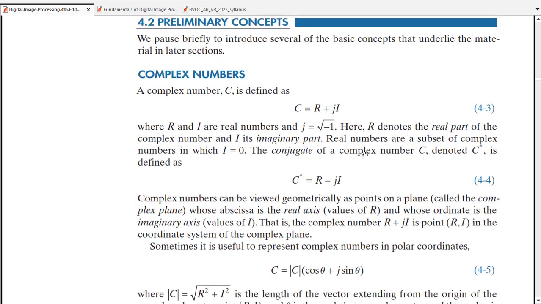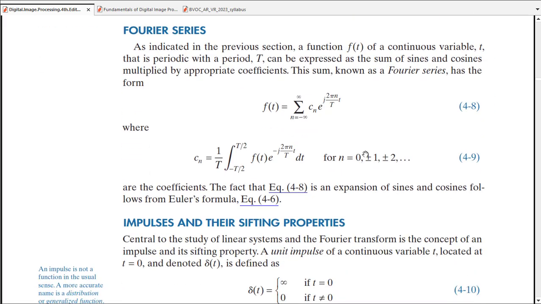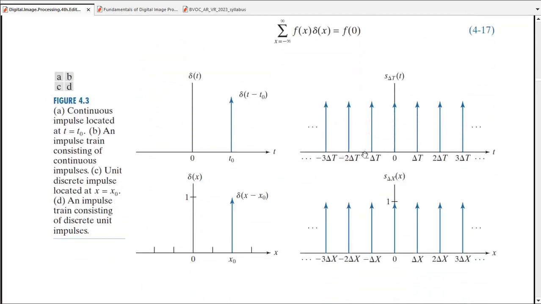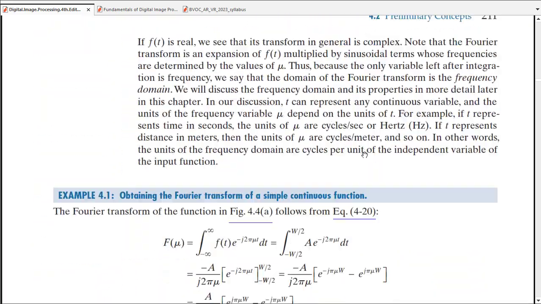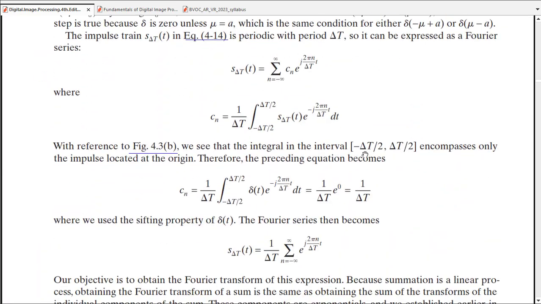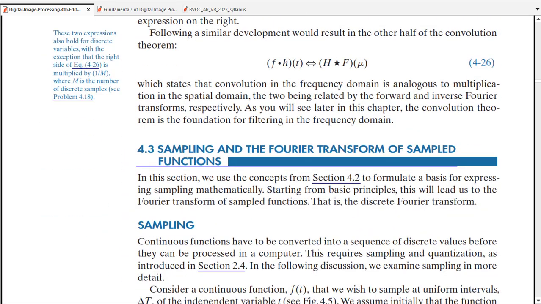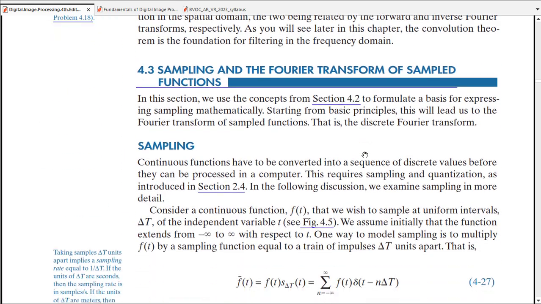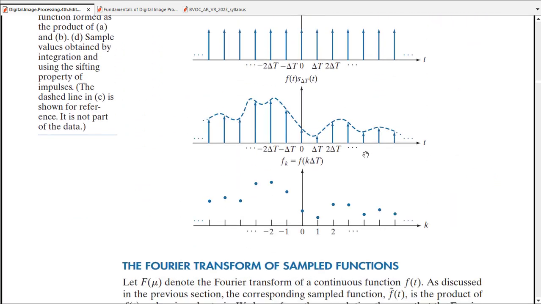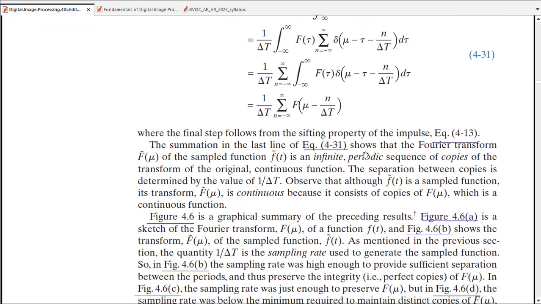In this concept, we study complex numbers, the Fourier series, and 1D and 2D transforms. In our syllabus, we focus only on image transformation along with the fast Fourier transformation. Here is the sampling of the fast Fourier normal functions in 2D.